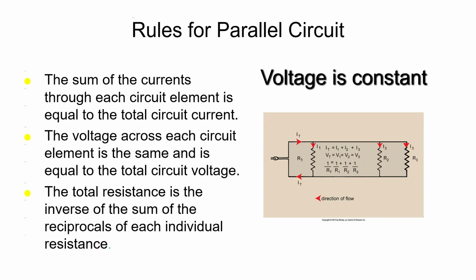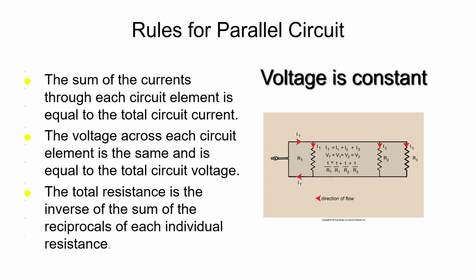Rules for the parallel circuit. The sum of the currents through each of the resistors is equal to the total current. So the current partitions, because the electrons have a choice. They can go through resistor 1, resistor 2, or resistor 3.